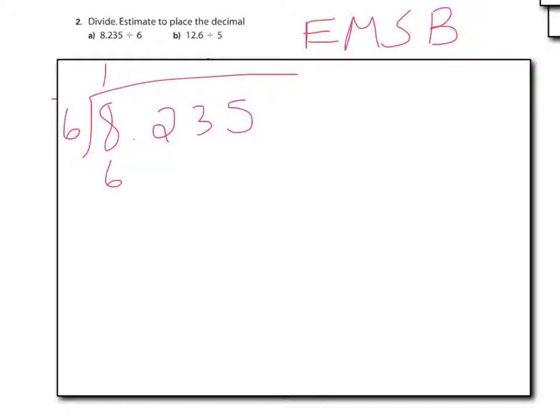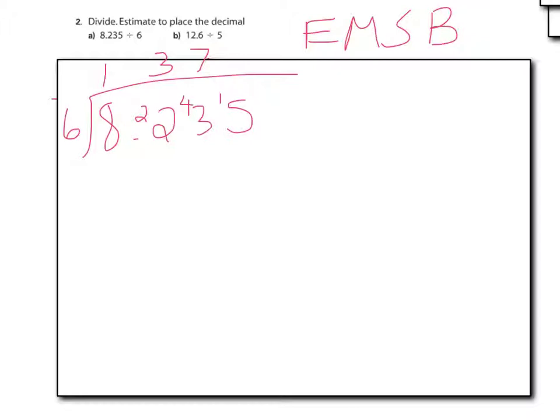So that's 8 minus 6 is 2, so that means I'm left with 22. 6 goes into 22, well, closest to 6 times 3, 22 minus 18 is 4, so 43. 6 goes into 43 7 times, because 6 times 7 is 42. That means I'd have 1 left over. 15 now, 6 goes into 15.